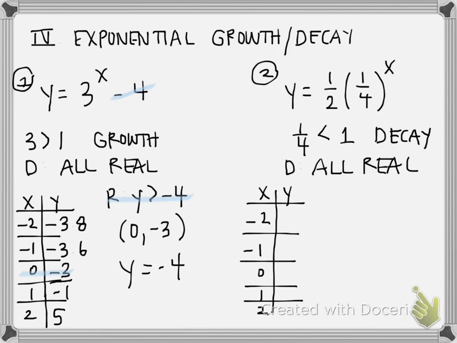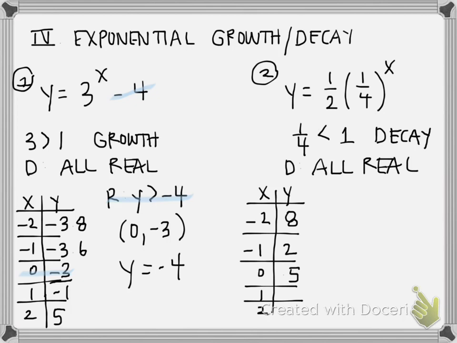All right, let's look at the fraction one over here for number 2. So if you plug in a -2, so you'll say 1/4 to the -2nd power. So that's going to be an 8. If you plug in a -1, so that's going to be a 2. If you plug in a 0, you're going to have a 1/2.